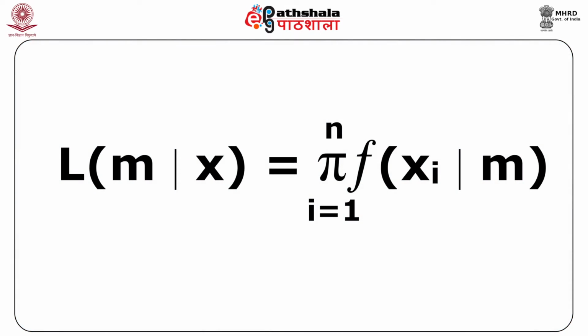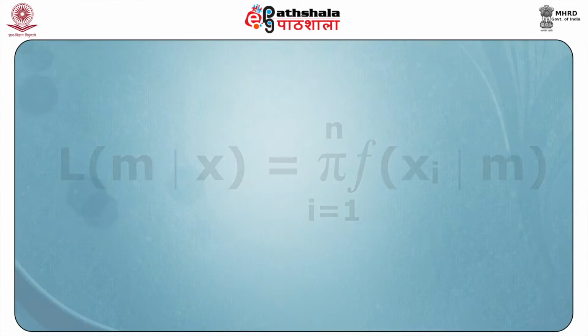The joint probability density function of the sample is given by f(x1 given m) into f(x2 given m) into f(x3 given m) till f(xn given m). This is the likelihood function denoted by L(m given x), which is equal to the product of f(xi given m).